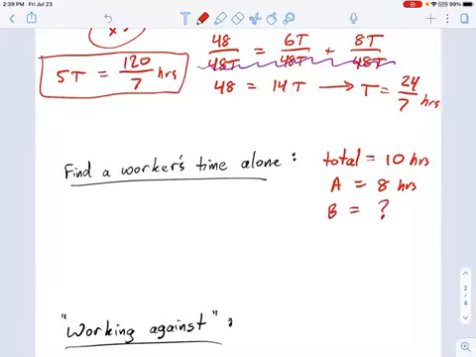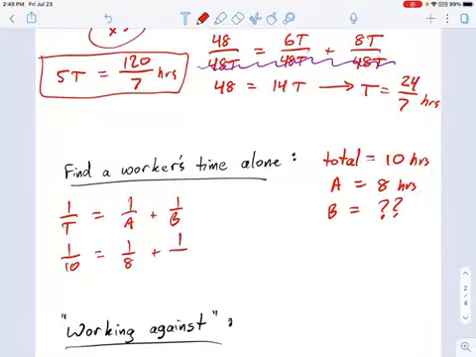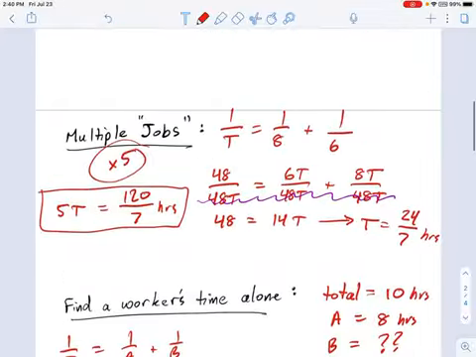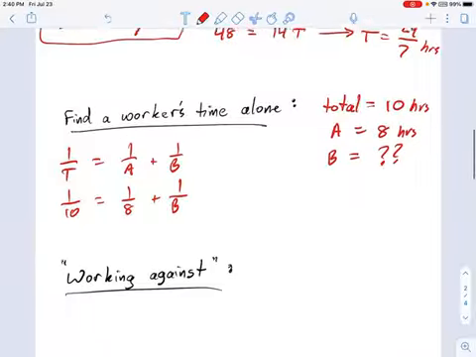What is person B's time? You set up your equation the same way as before: 1 over t equals 1 over A plus 1 over B. Now you plug in the numbers, so that's 1 over 10 equals 1 over 8 plus 1 over B. Now you're looking for common denominators, and once you find them, you cross out all the denominators and solve the equation. I'm not going to go through that one. You can use the multiple jobs example right here if you need a reminder of how to solve rational equations. But let's keep on going.